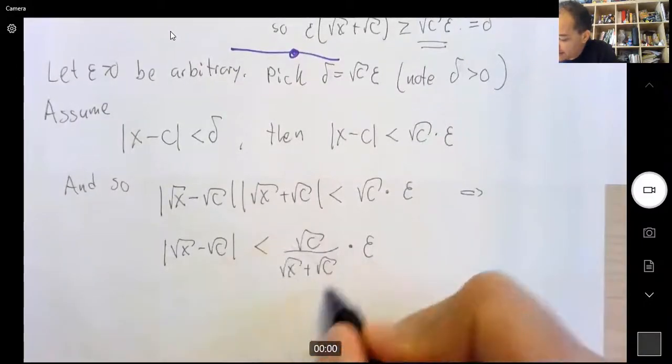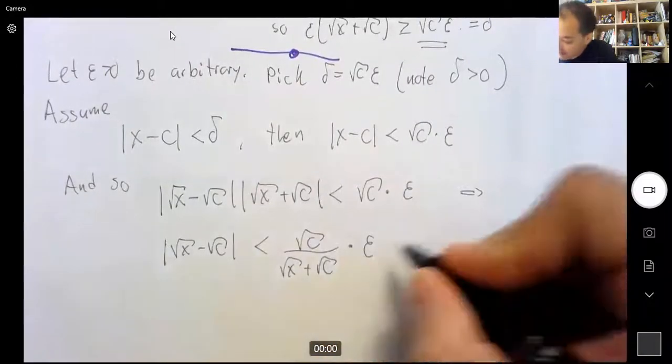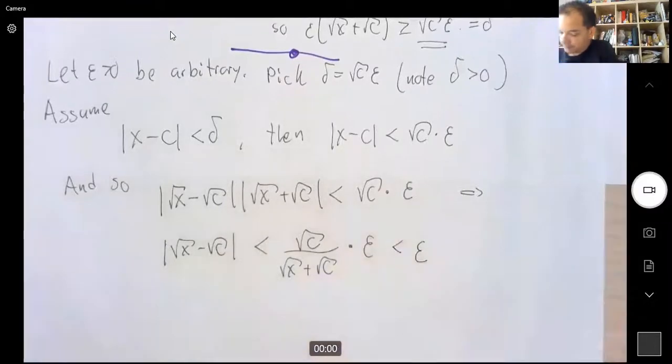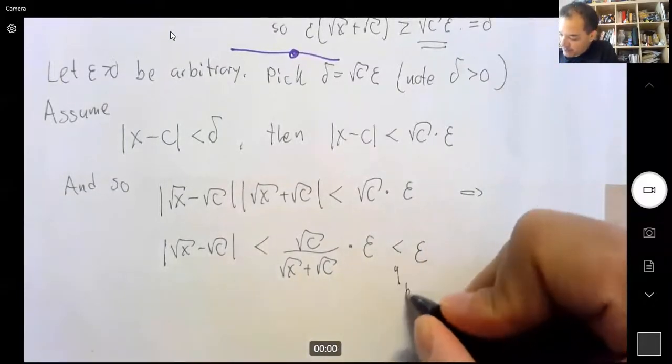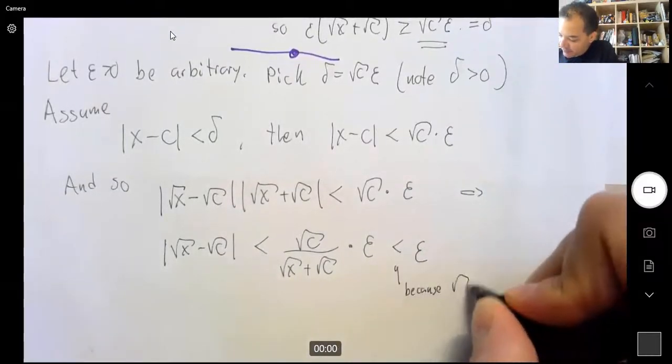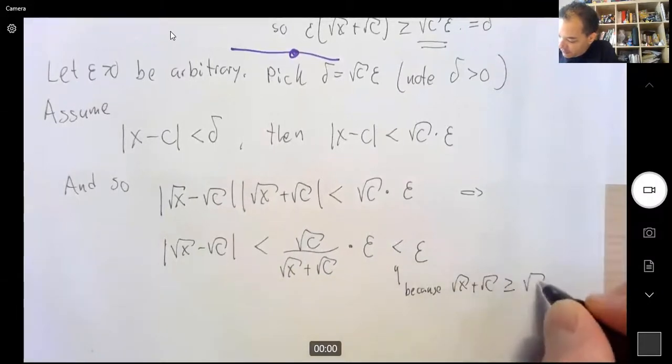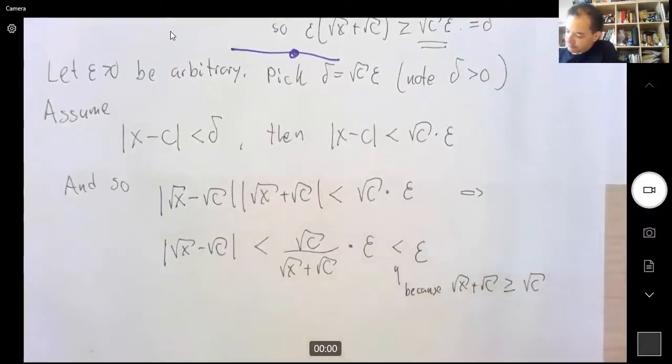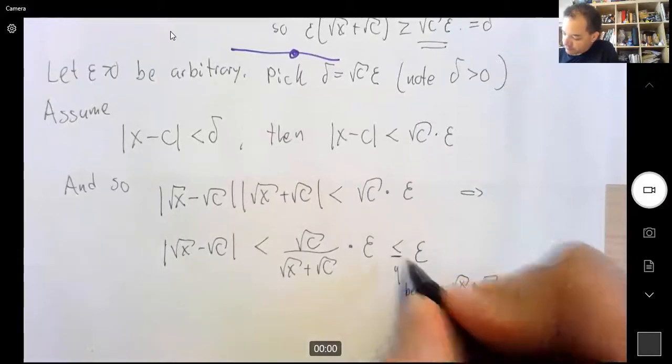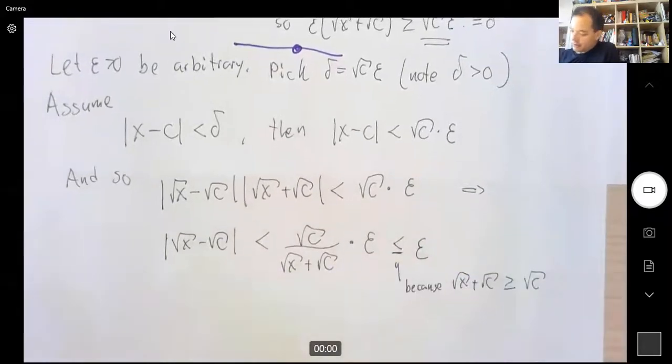So this is actually less than 1, right? And this is because root x plus root c is bigger than or equal to root c. And we're done.